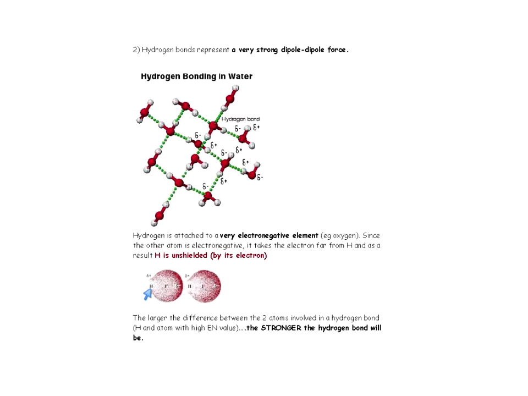So we say that hydrogen is unshielded by its electron, because most of the electron activity is near the fluorine. Remember, the larger the difference between the two atoms involved in a hydrogen bond, the stronger the hydrogen bond is going to be.